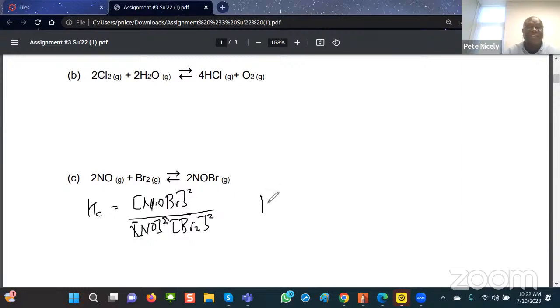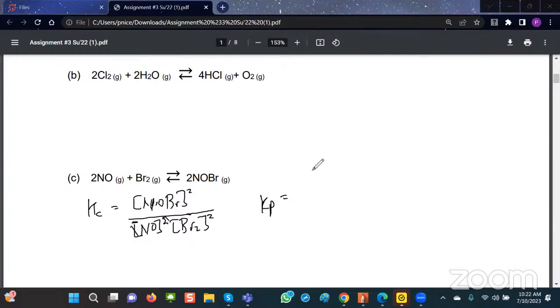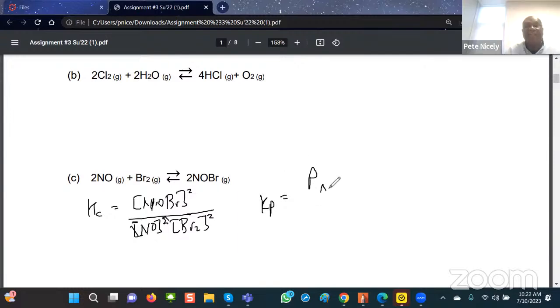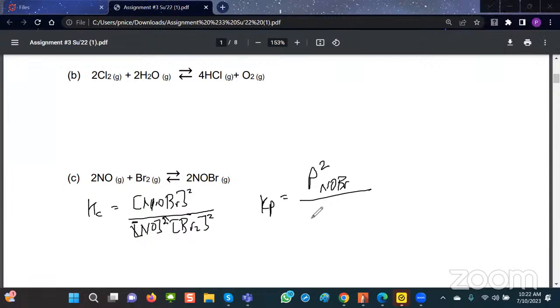Okay, and of course Kp would be equal to what? It would be the pressure of NOBr squared divided by the pressure of NO squared times the pressure of Br2.